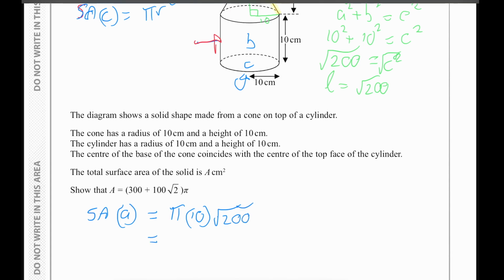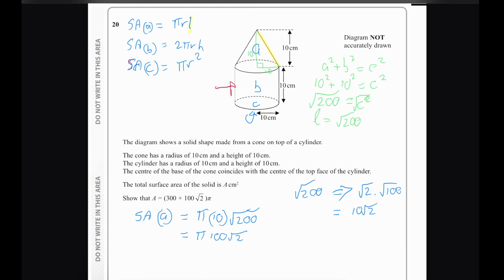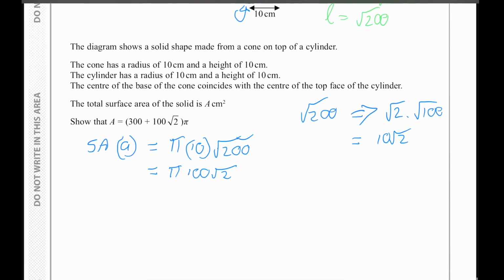We can simplify this by breaking this into my square root 200 can be broken into square root 2 times square root 100, which is then just 10 root 2. So we get pi 100 root 2. That's my answer there. Then we go work out the surface area of B.